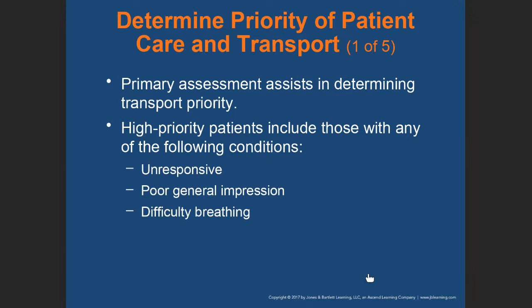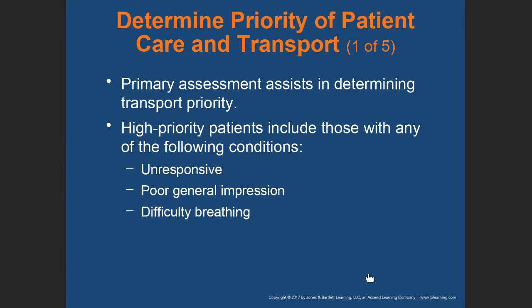Is it a load and go patient, or is it a stay and play patient? A patient becomes load and go when they are unstable. If the patient presents with a problem that you cannot fix completely in the field, that's a load and go patient.